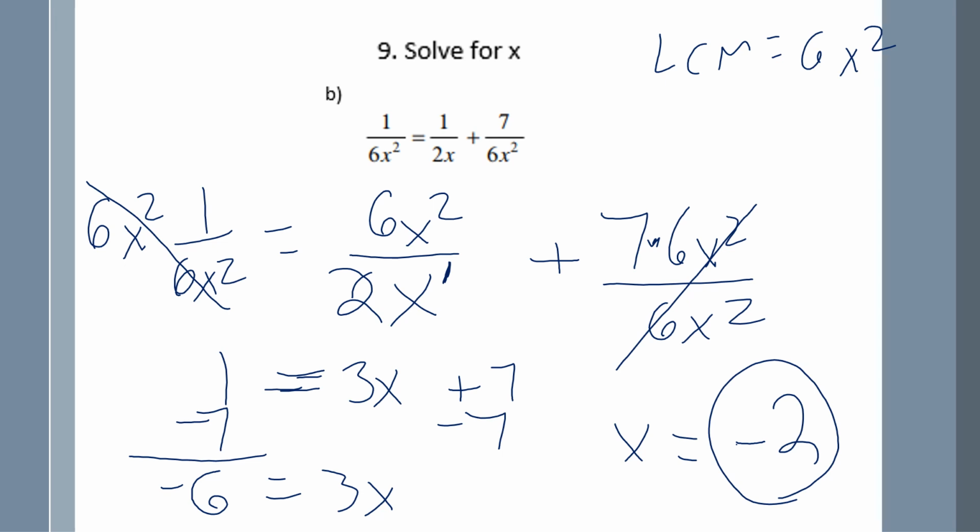Every x you see, like 1 over 6x squared, is going to be 6 times negative 2 to the power of 2, and anything negative raised to an even power is always positive. But this is how you do B.